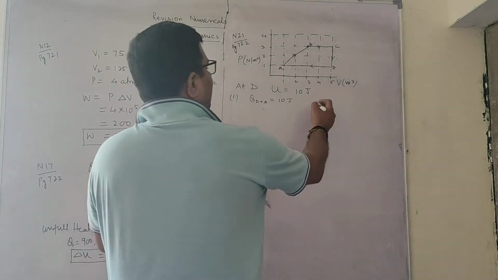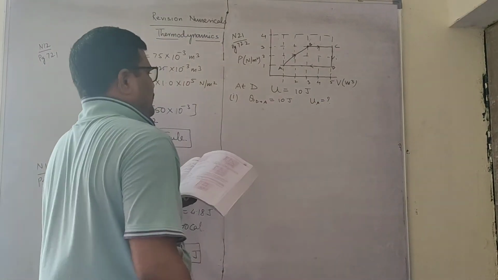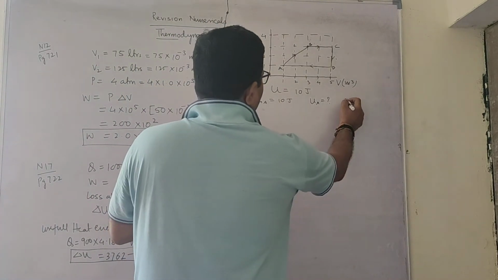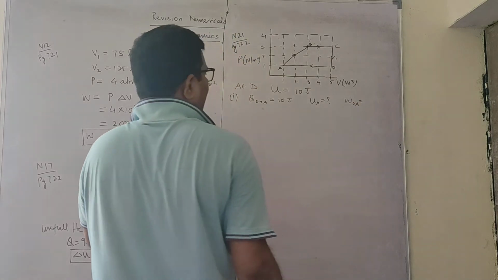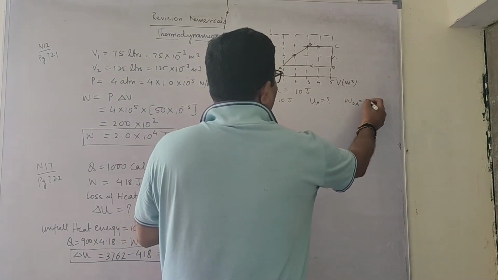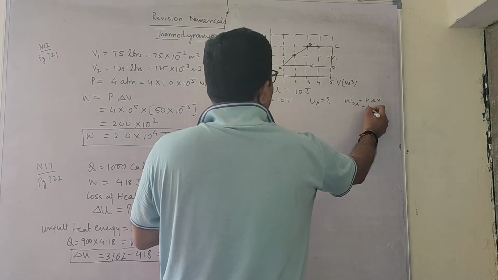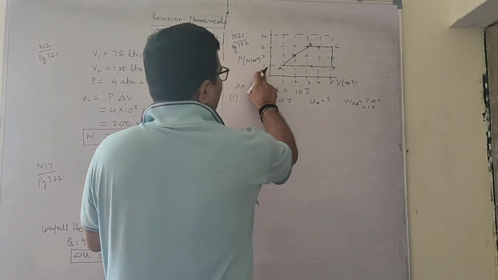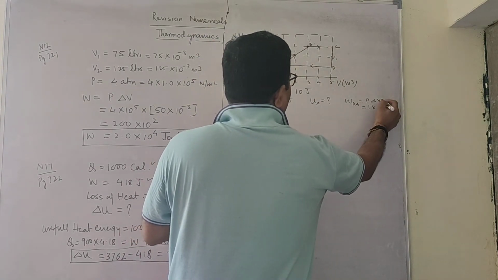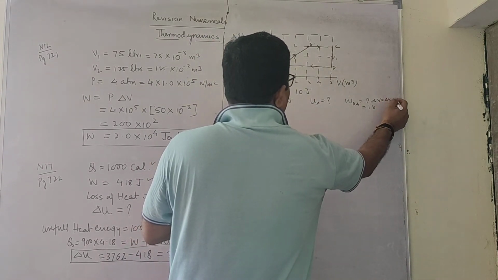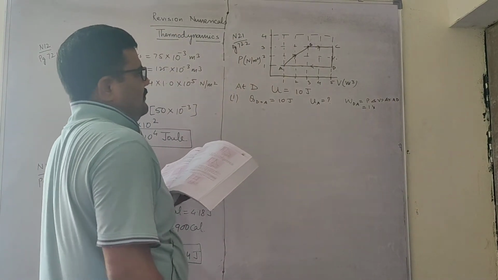You have to find UA. For that you need to have work done along DA. Work done along DA is P delta V. That is, pressure is 1. Pressure you can see 1. It is P delta V, or you can write area under AD. Area AD, that is a rectangle.